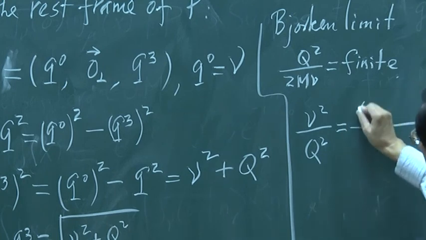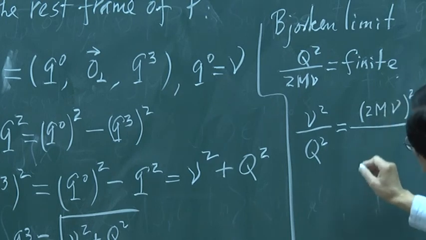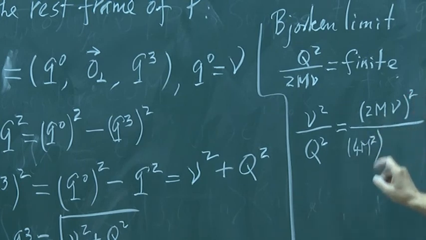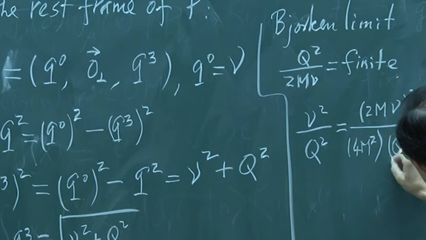you can put 2 mu here, times square, and then I have a 4m squared here to take care of the 2m squared, and then let's say Q squared, and then I have to give it back to Q squared.